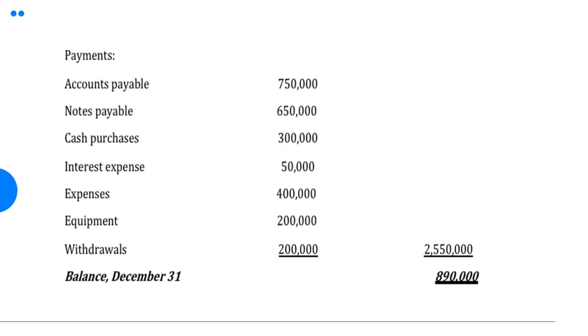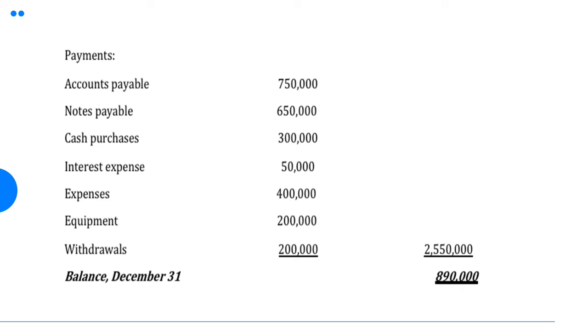3,440,000. And for the payments with a total of 2,550,000 includes accounts payable 750,000, notes payable 650,000, cash purchases 300,000, interest expense 50,000, expenses 400,000, equipment 200,000, and withdrawals 200,000. So deduct the total payments, which is amounting to 2,550,000, from 3,440,000.